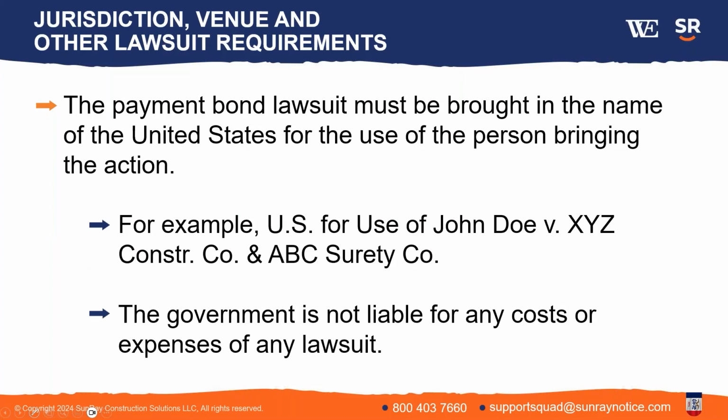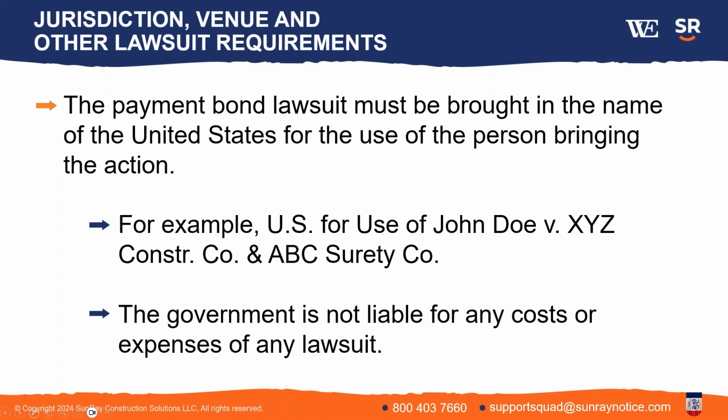Okay, and how do you caption your lawsuit? There's a specific requirement in the Act, actually. It has to be brought in the name of the U.S. for the use of the person bringing the action. I've given an example of how you would caption that: U.S. for the use of John Doe, where John Doe is the claimant, versus the prime contractor and the surety who furnished the payment bond. So that's how it has to be titled.